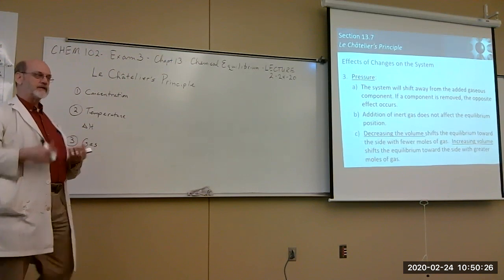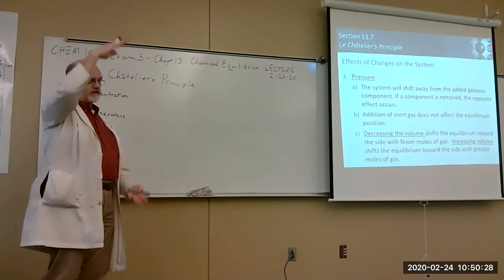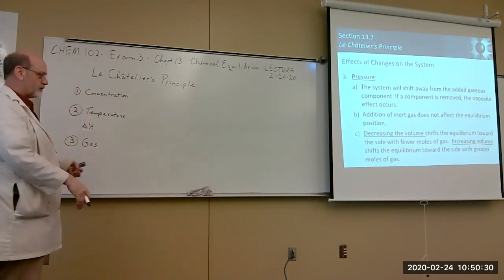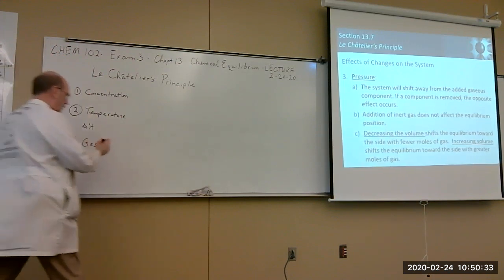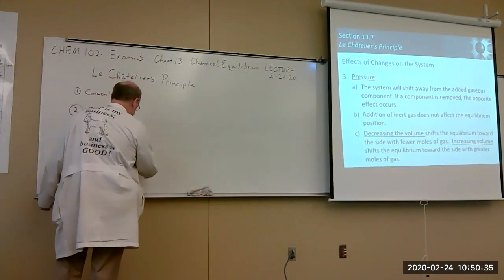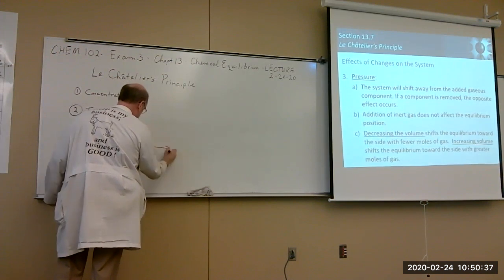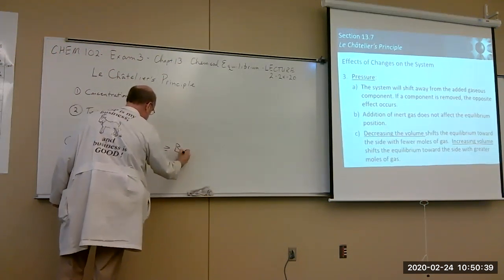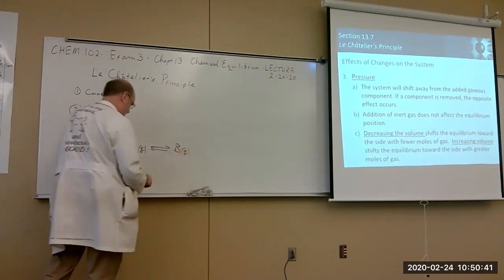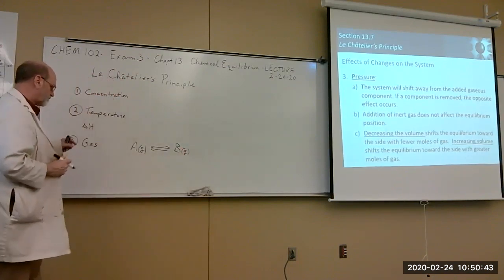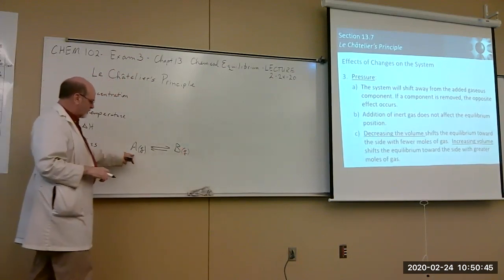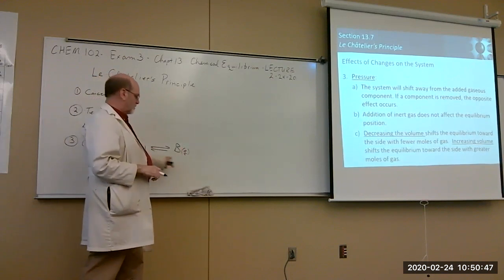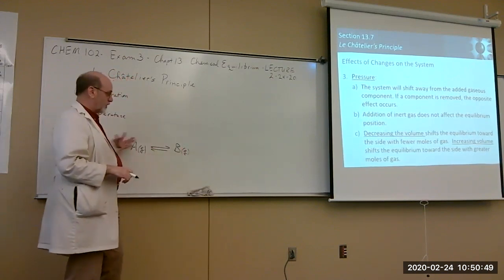So one way is to squeeze them, decrease the volume. Right? So if you decrease the volume for a gas reactant going to a product, if you've got the same number of moles of gas on both sides, and this can be multiples, right?